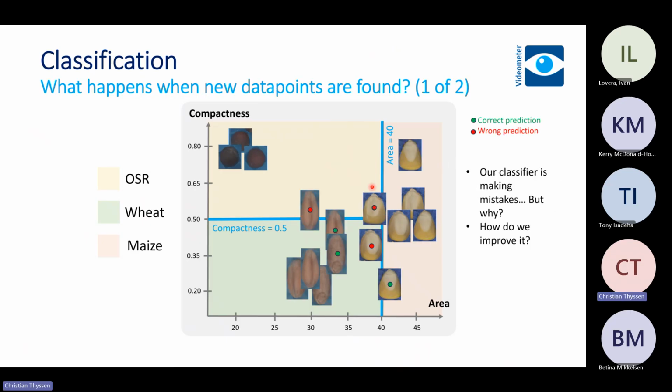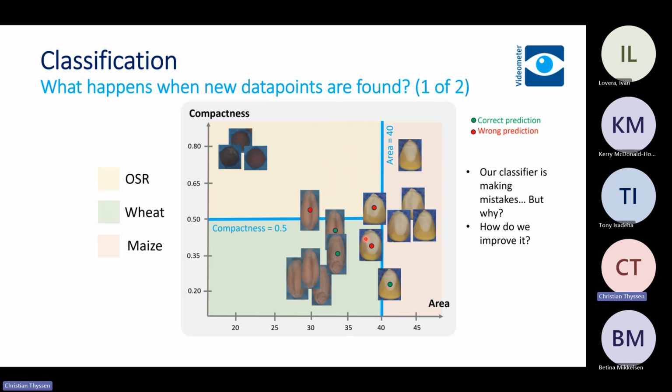So moving on, we just saw what happens when new data points are found. It might be that we have now found six new seeds we would like to classify, and they give the following predictions that you see here, where I color-coded green as the correct prediction and red as incorrect. So clearly our classifier is doing something well, but it's also making a few mistakes.